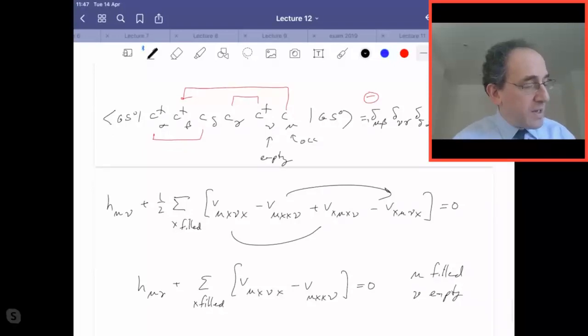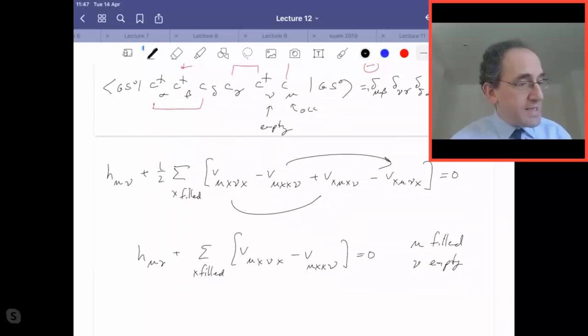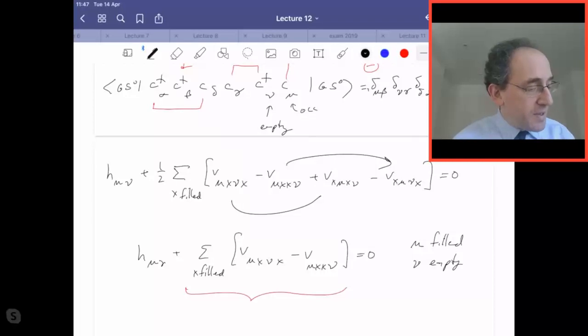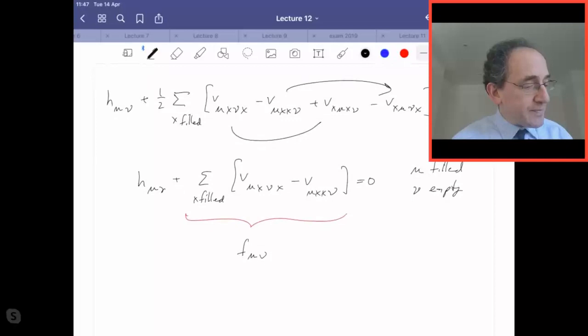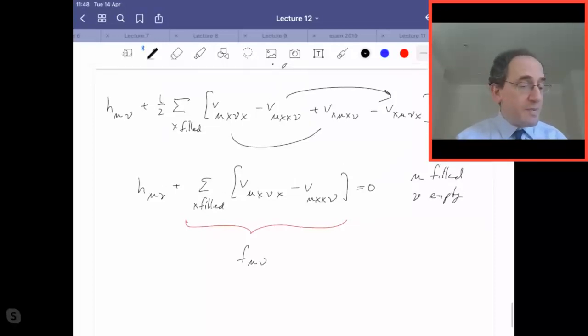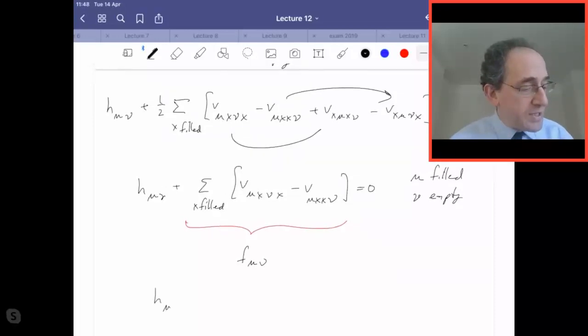And we will recognize that this quantity here, which we just calculated, is actually what we called f mu nu before. Okay? So we've derived the condition that in order to be at a variational minimum of the energy, we must have h mu nu plus f mu nu equal to 0 when mu is filled and nu is empty.